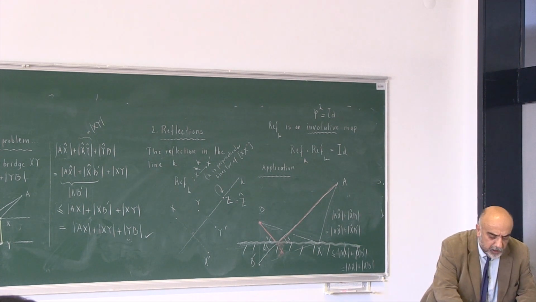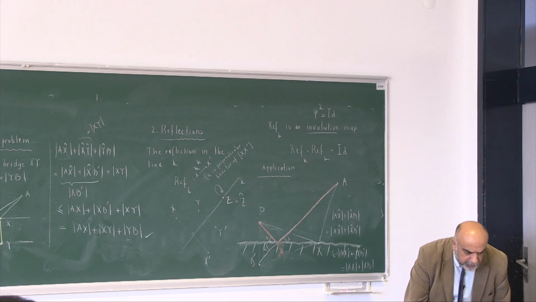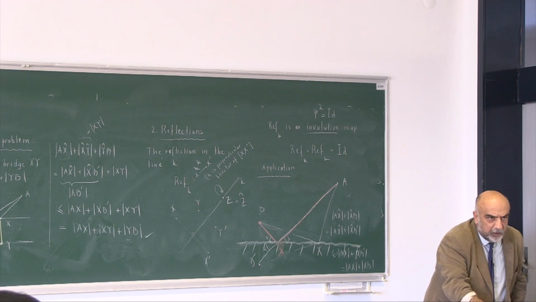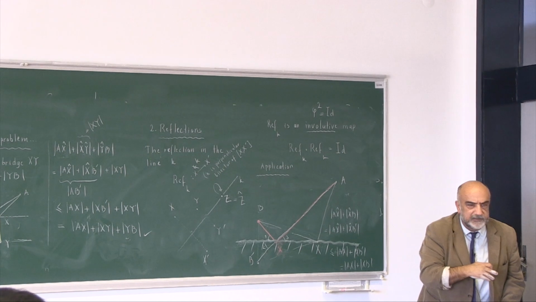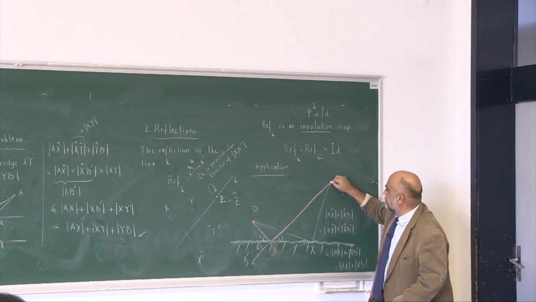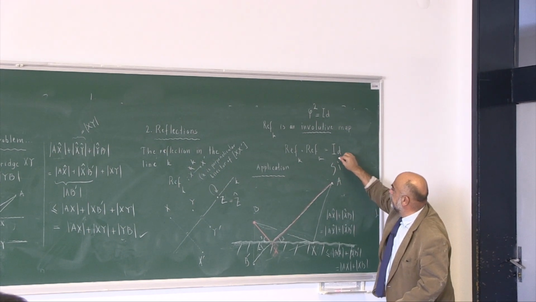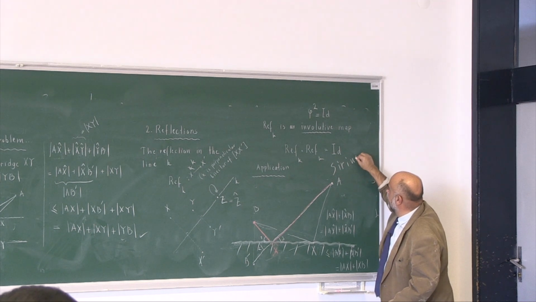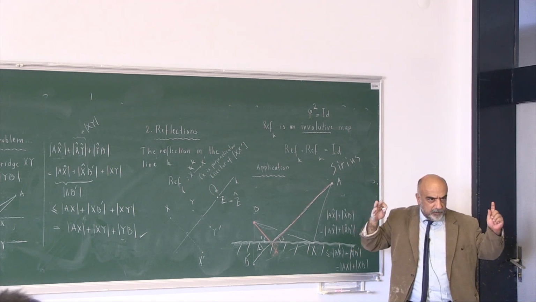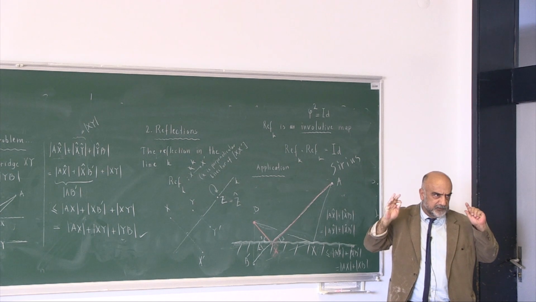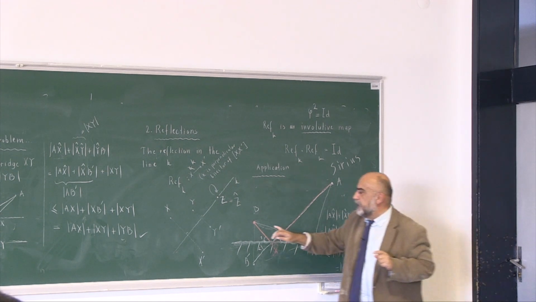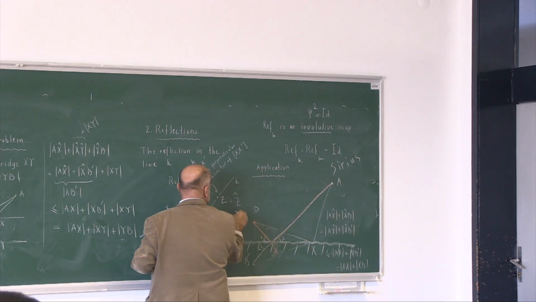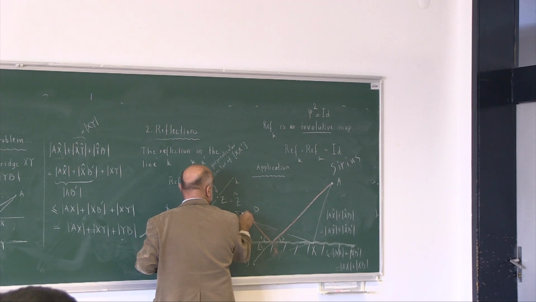Here is the mirror, okay? And I'm looking into the mirror and I'm seeing something in the mirror. Let's say this is the star Sirius. Some very distant light source. And here is my eye. That's me.